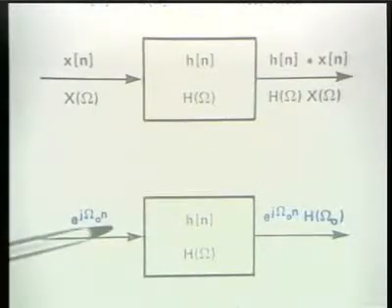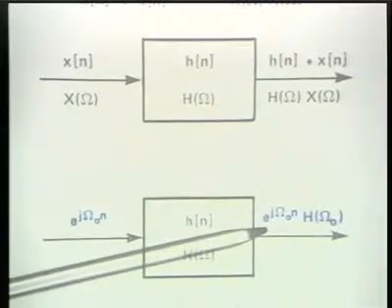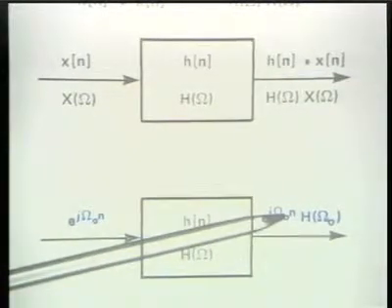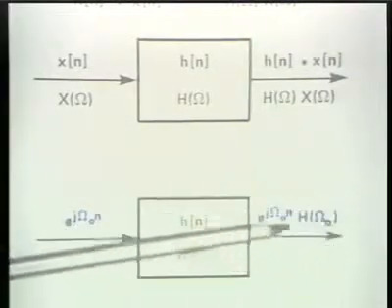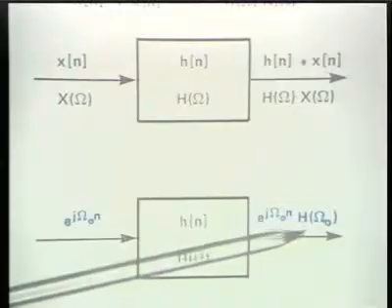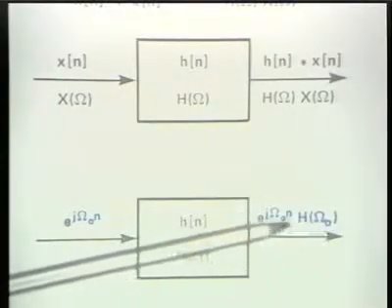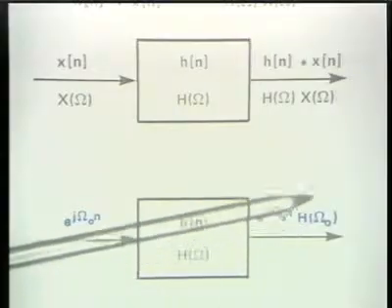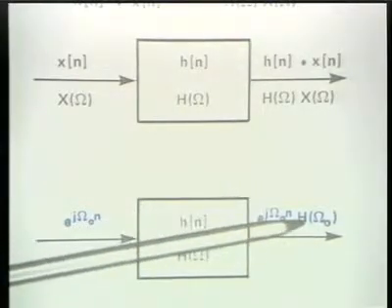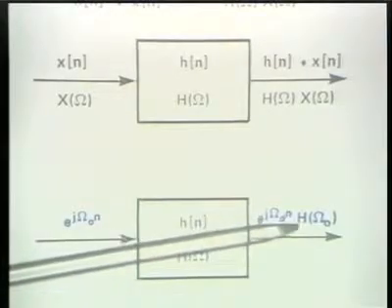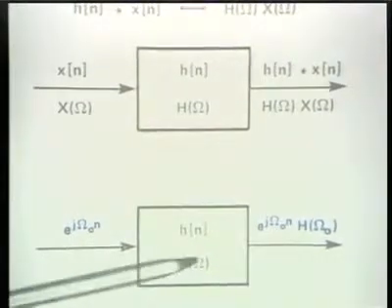One of these into the system gives us as an output a complex exponential with the same complex frequency multiplied by what we referred to as the eigenvalue. And as you saw in the video course manual, this eigenvalue, this constant multiplier on the exponential, is in fact the Fourier transform of the impulse response evaluated at that frequency.